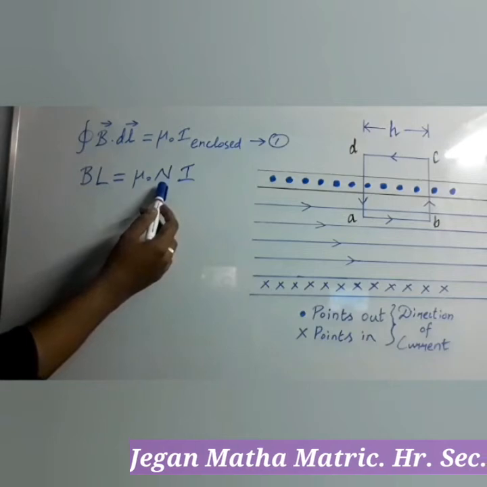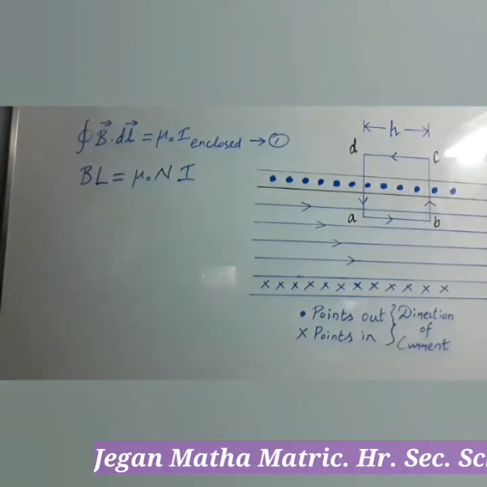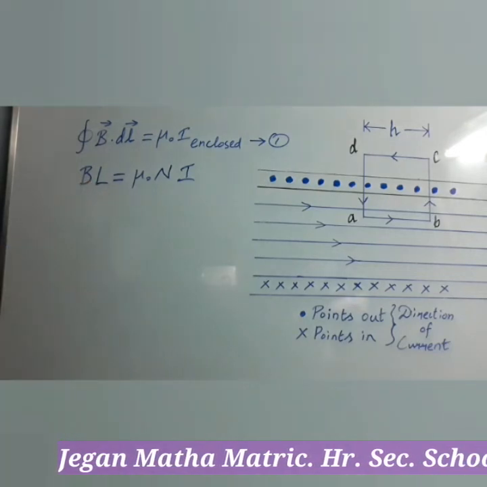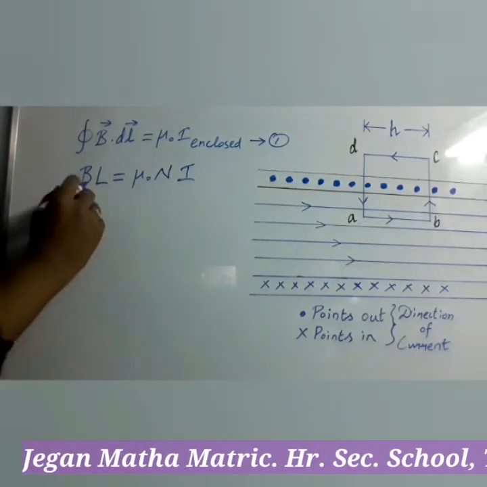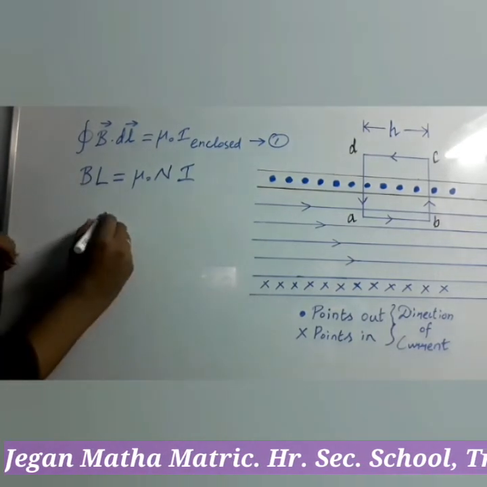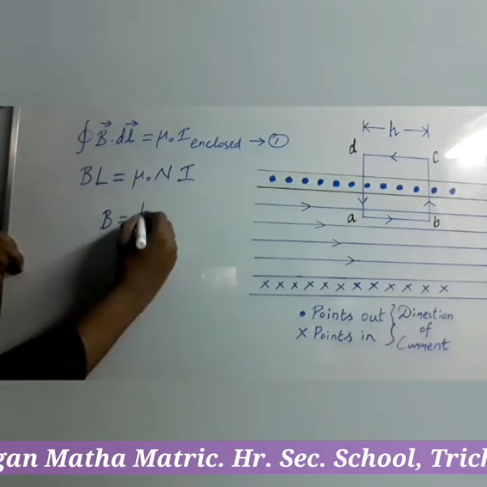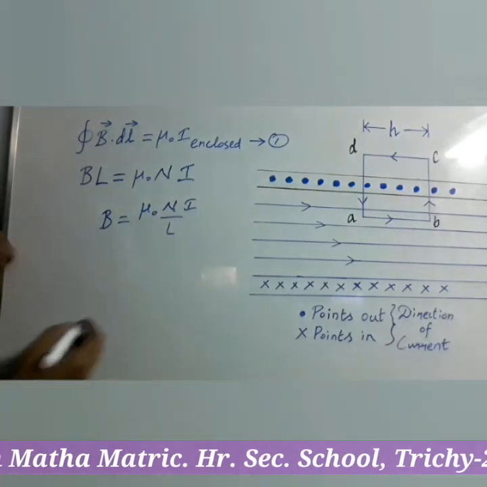So the enclosed current is equal to the product of the number of turns in the entire solenoid and the current I. To find the value of the magnetic field, we have to take the length of the solenoid to the right side. So now B is equal to mu naught N I by L.